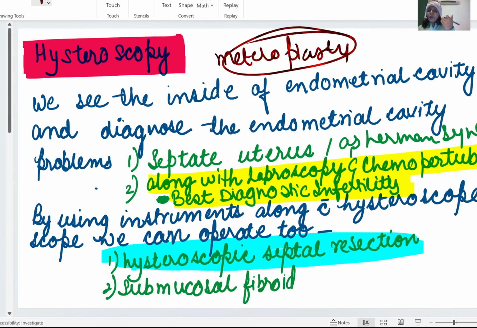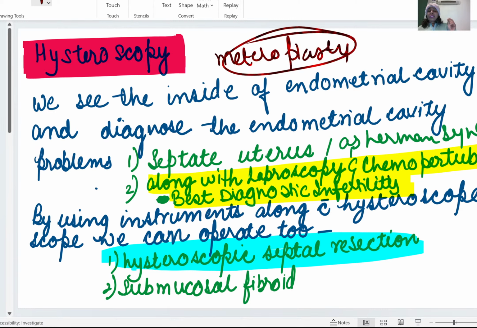For which fibroids do we use the hysteroscope? There are three types of fibroid: submucosal, intramural and subserosal.